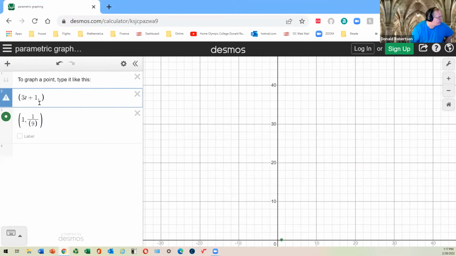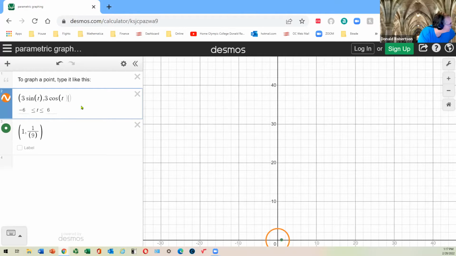So 3 sine t, 3 cosine t. I think I've got enough brackets here. There we go.